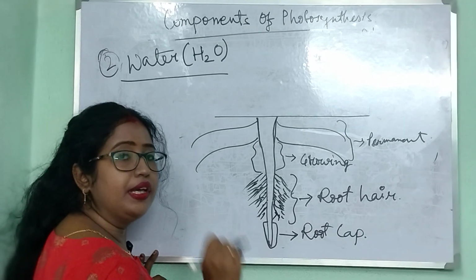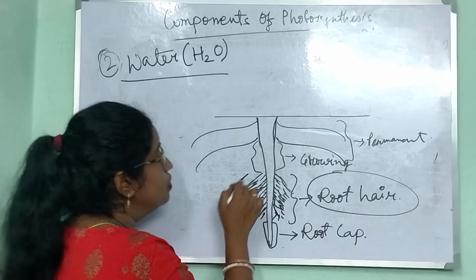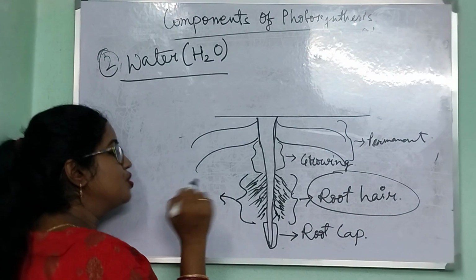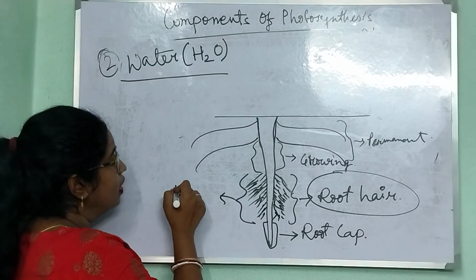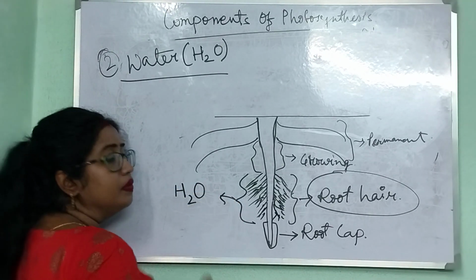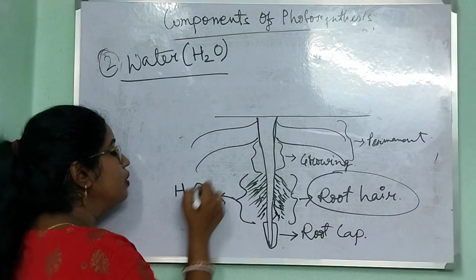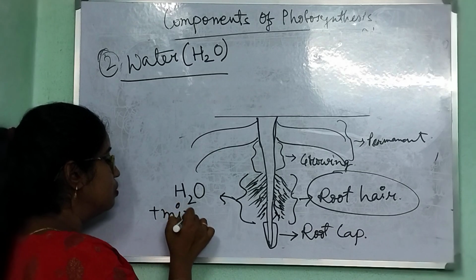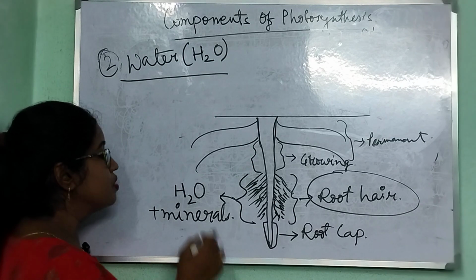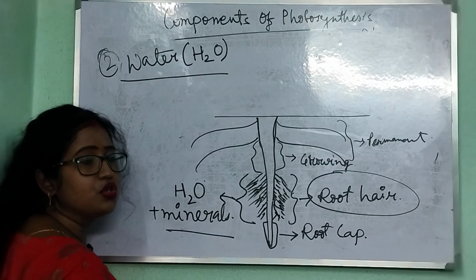Water is absorbed by the root hair. So this portion of the plant helps to absorb H2O from soil, along with other minerals also.